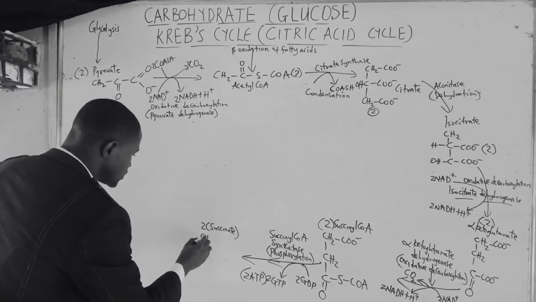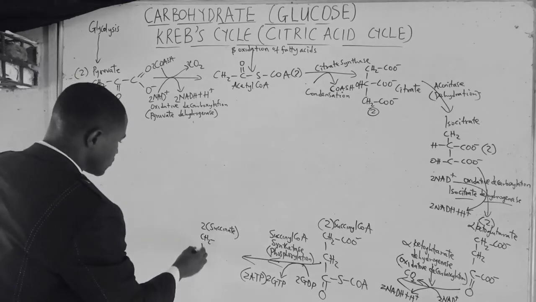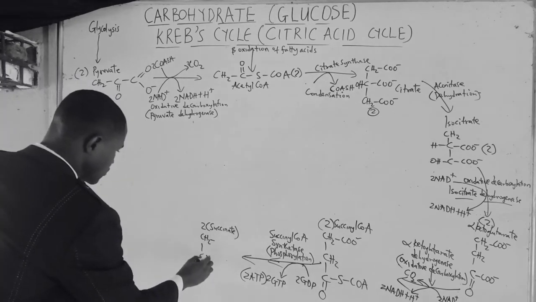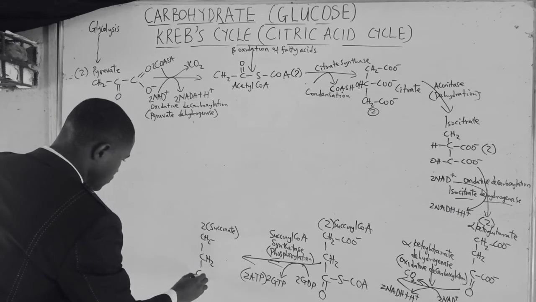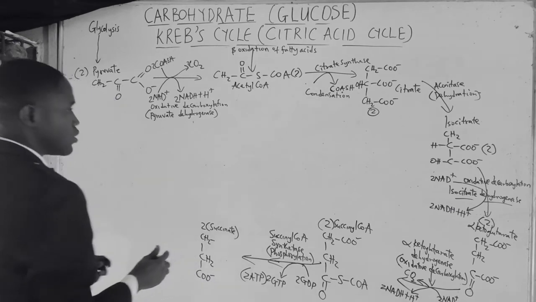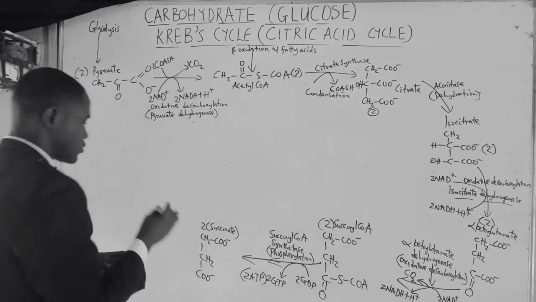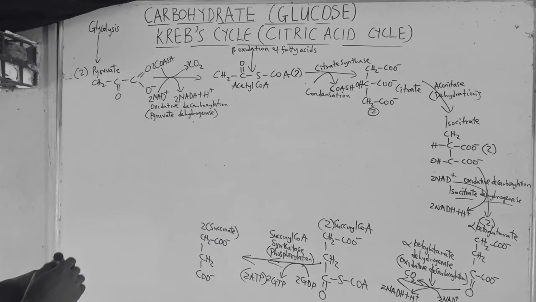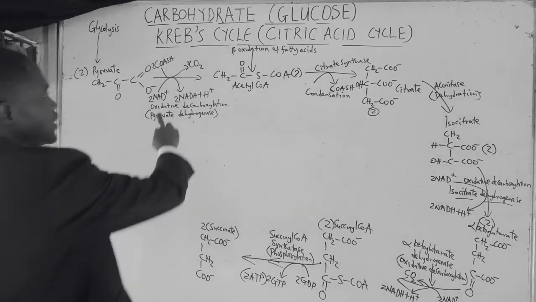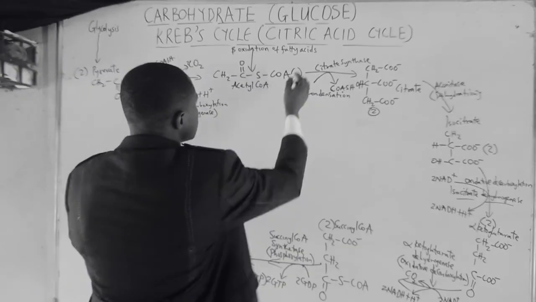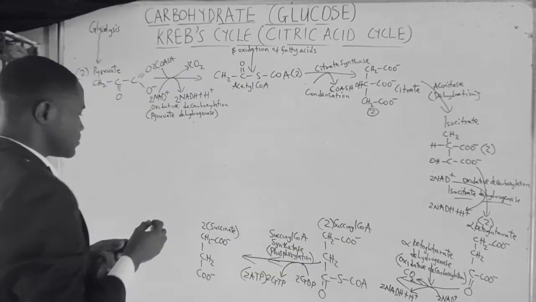We have CH2, CH2, then we have, so this is the structure of succinate. So there are 2 because all these are in 2s. Okay?